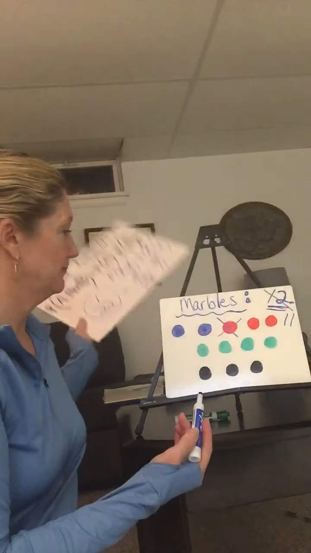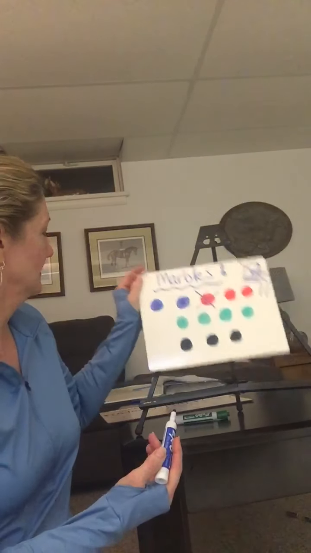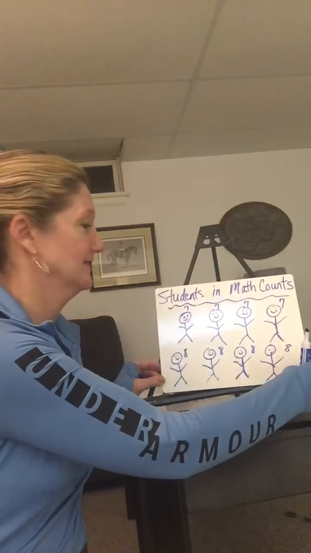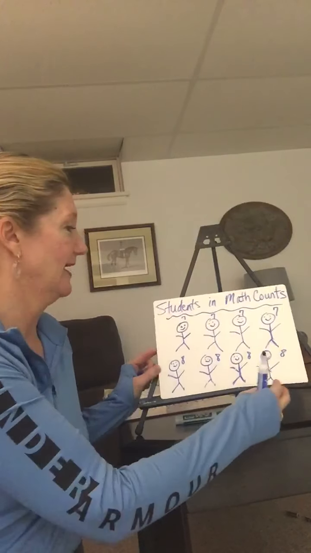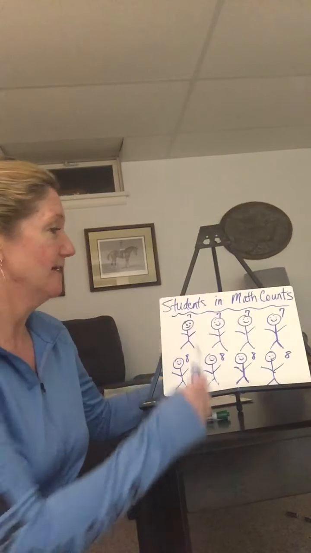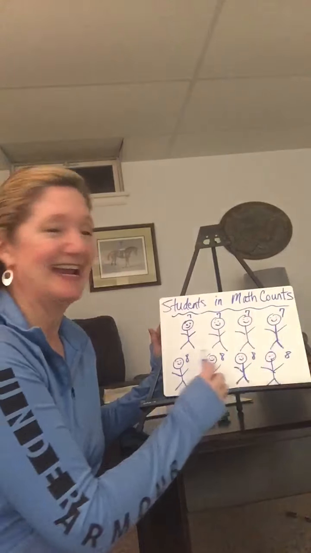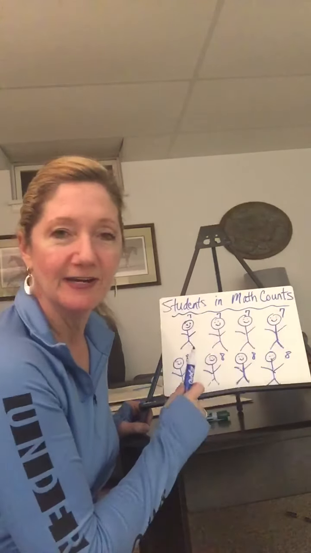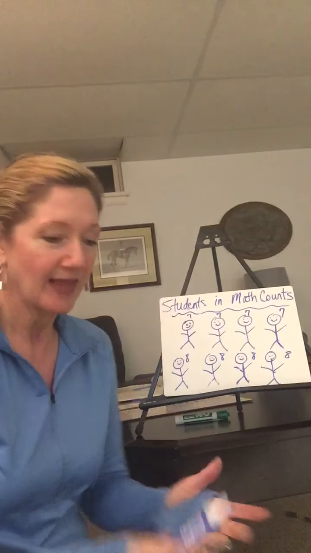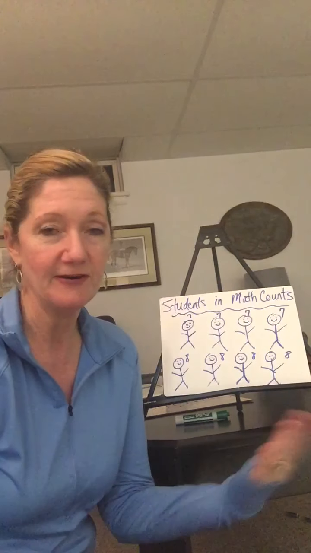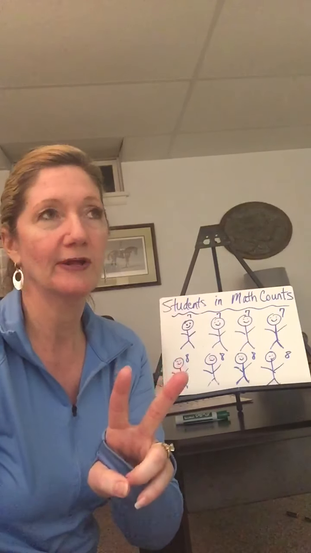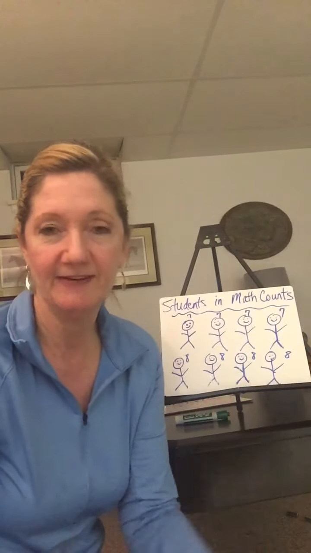All right, one more example. So let's say these are the group of students who came to Mathcounts on a particular Wednesday. In Mathcounts I have 7s above their heads and 8s above their heads, meaning 7th graders and 8th graders. So I have 4 7th graders and 4 8th graders. And I decided to put all of their names in a hat and pull out the names of 2 students who are going to be co-captains of an activity.